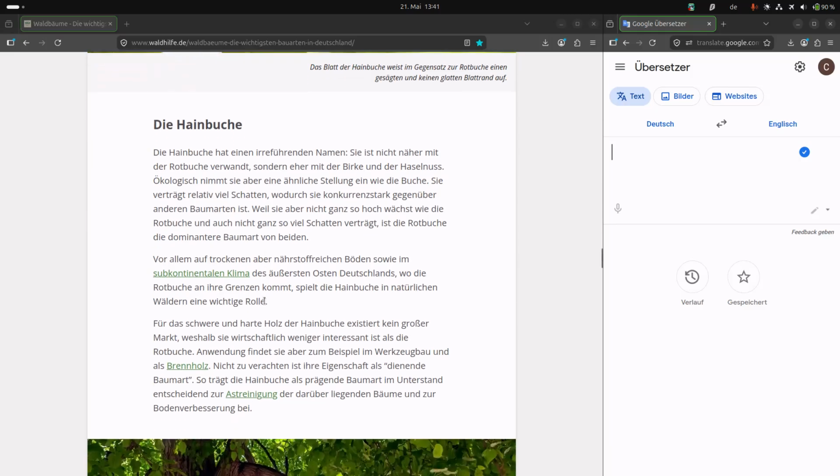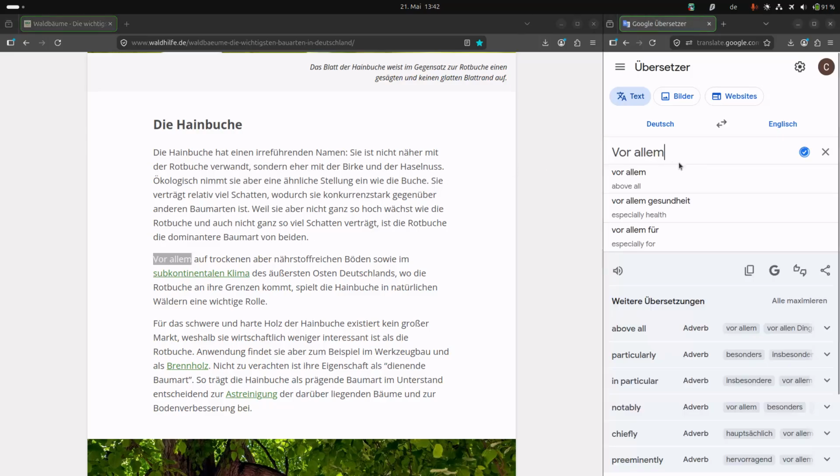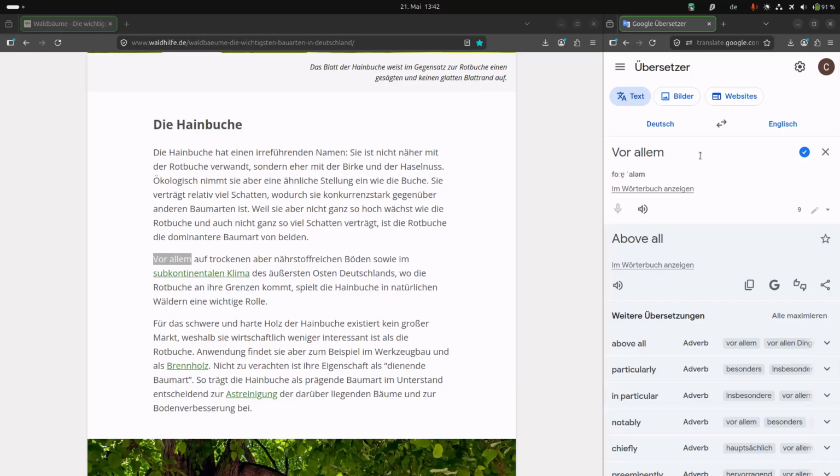So, vor allem auf trockenen, aber nährstoffreichen Böden sowie im subkontinentalen Klima des äußersten Osten Deutschlands, wo die Rotbuche an ihre Grenzen kommt, spielt die Hainbuche in natürlichen Wäldern eine wichtige Rolle. Vor allem, this is kind of more of a saying, vor allem means mainly, or how do I translate that? Above all, maybe it's not so much of a saying because it can be translated relatively directly into English, but above is not the same as vor, so it's kind of a saying.